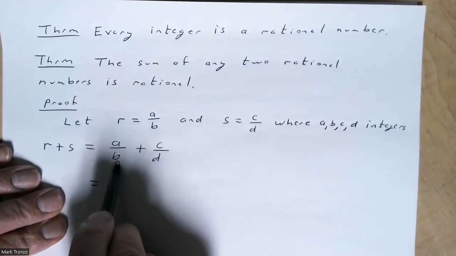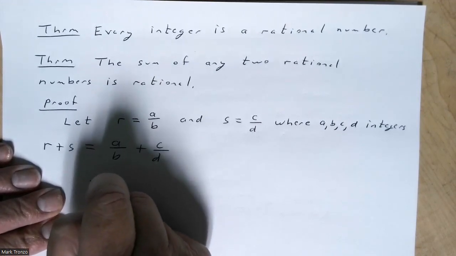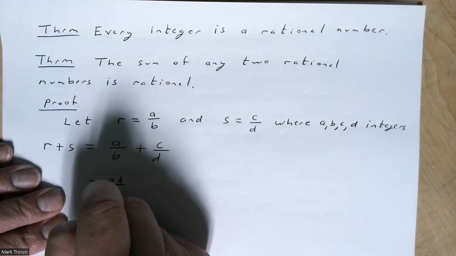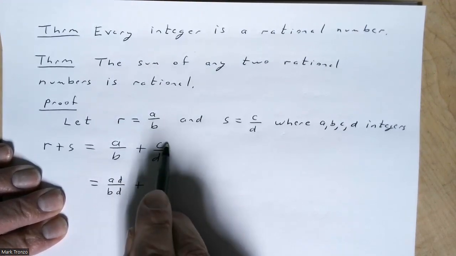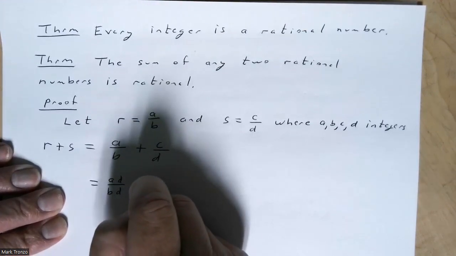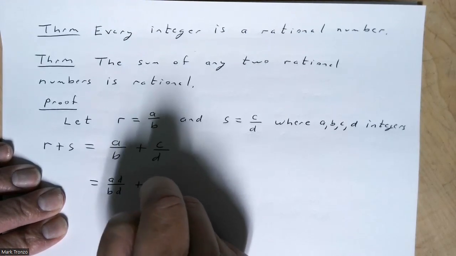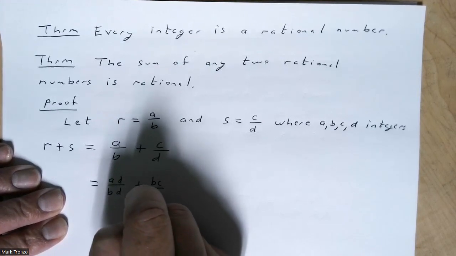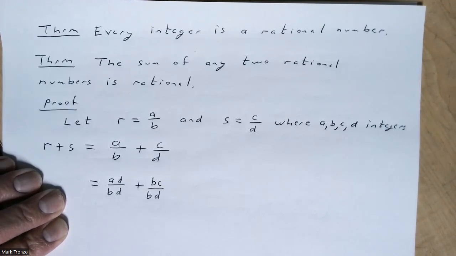Let's multiply this numerator and denominator by D. And let's multiply this numerator and denominator by B. Now we have a common denominator.